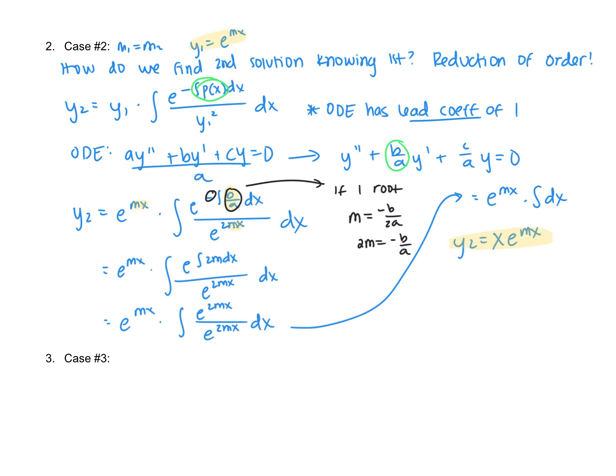We have our first solution here, which therefore means that our general solution is y equals c1 e to the mx, add c2 x e to the mx. And again, like we did with the last case, I would suggest you bold this, highlight it, put a star by it, but this is our general solution when our two roots end up being the same.